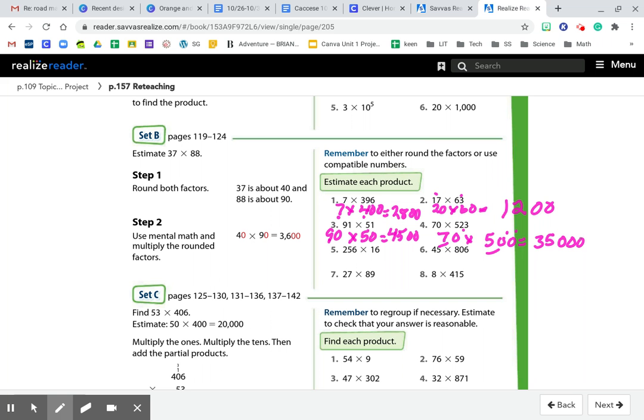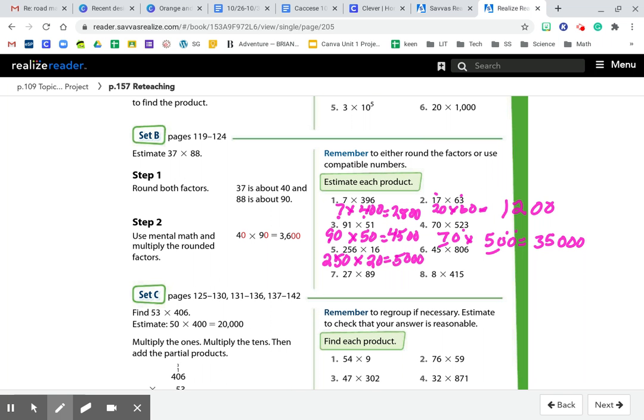But I might try compatible numbers with this one, because I would be really rounding that up a lot. How about if I round that down to 250 and maybe bring 16 up to 20? So now I have 25 times 2 is 50, and bring my 2 zeros over, 5,000.